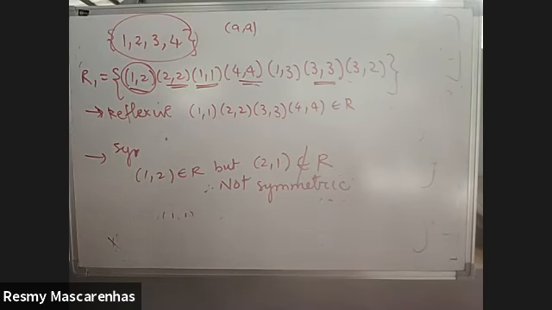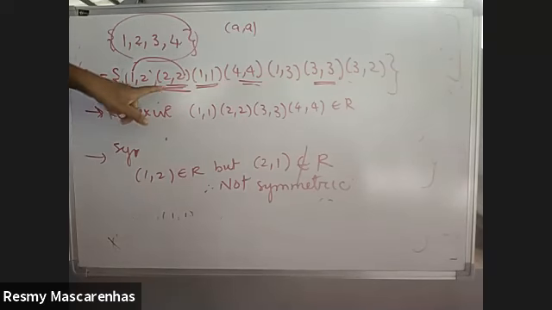Okay. And the last condition is to check whether it is transitive. For transitive, I told you to take up those pairs which are continuous. So first we'll check with this (1, 2), (2, 2). (1, 2) is there.